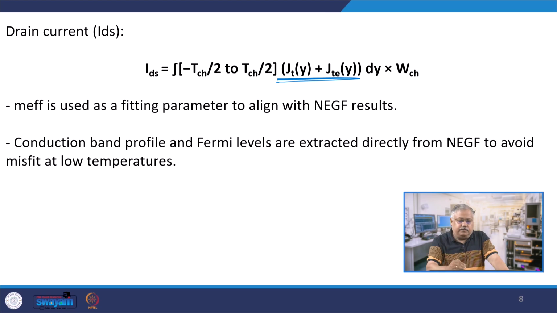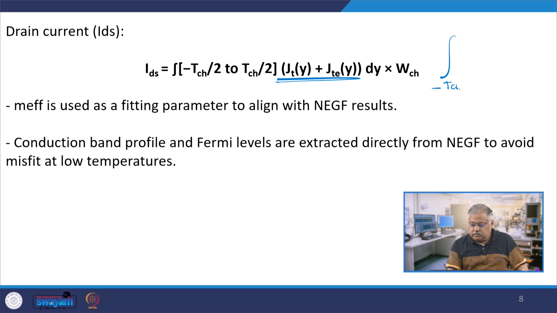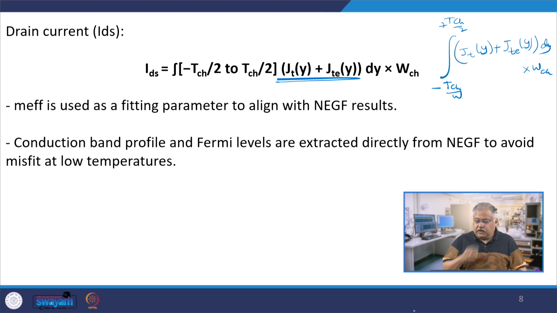So, you are basically integrating in the width direction, from minus TCH by 2 to plus TCH by 2. So, IDS is basically given as the integral from minus TCH by 2 to plus TCH by 2 of JTY plus JTEY into dy into WCH, right, and that gives you the value of IDS, where WCH is the width of the channel.